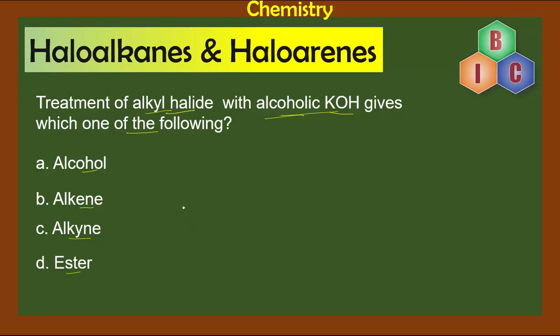The general representation for alkyl halide, as you know, is RX, and you are going to treat it with alcoholic potash. Here is the point of focus, children. The condition is alcoholic potash. Now, because we have studied in the chapter of haloalkanes and haloarenes, there are two sets of reactions.